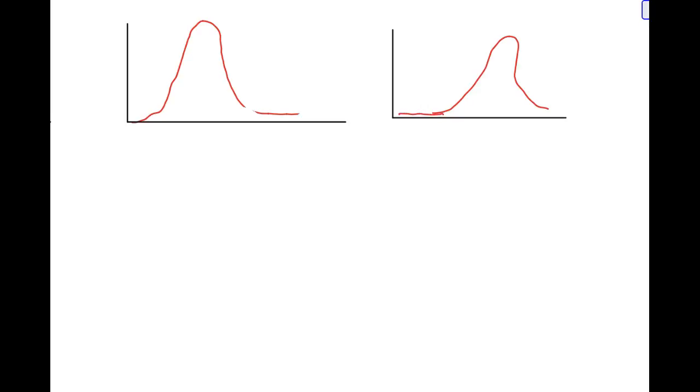Now, on these other two histograms, if you'll notice, and I need to extend this one out just a little bit, this one has some extremely high values, whereas this one has some extremely low values. So these are going to affect our mean and our median. It also obviously affects the shape. For this first one, this one is going to be skewed to the right. And the reason it is skewed to the right is because we have that tail and that extreme value on the right-hand side.